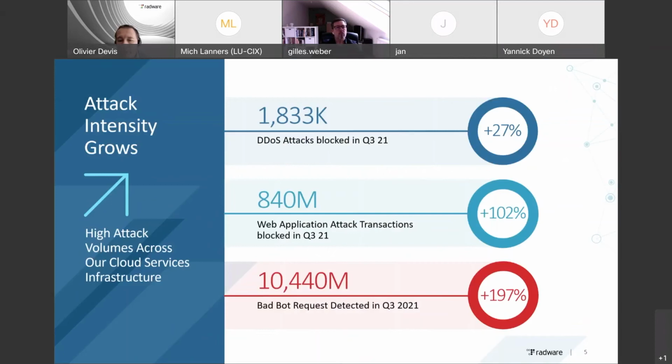Compared to other types of attacks, bots definitely increased, 197%, and web application attacks also increased. We see DDoS also growing, but not as fast as the others. We do not believe they will slow down because it's cheap and very efficient to launch one, so we will continue to see that.